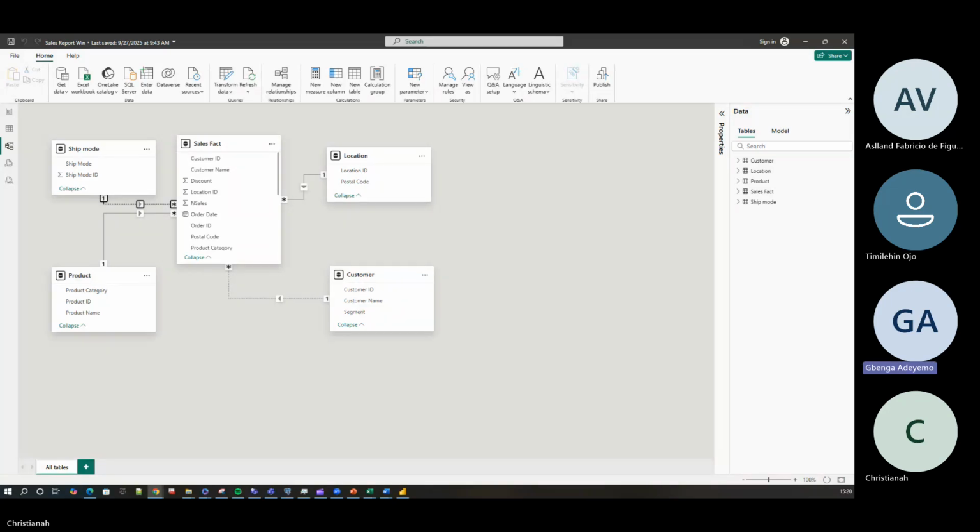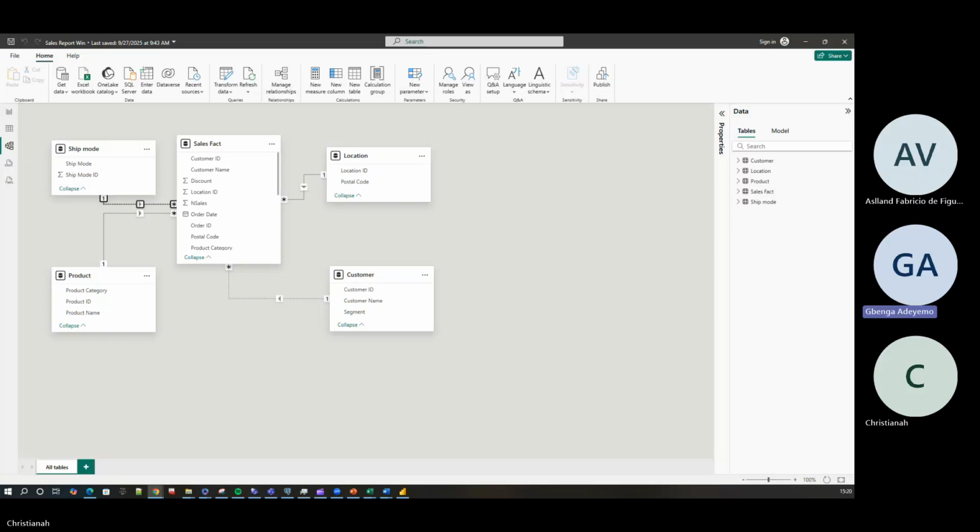So when you have ship mode and ship mode ID inside the ship mode table, and you still have the same thing inside of your sales table, then it's not really ideal. It's not an ideal star schema structure. What you should have is for all the dimensions, location, customer, product, ship mode, the only thing that should represent them in your fact is their IDs.